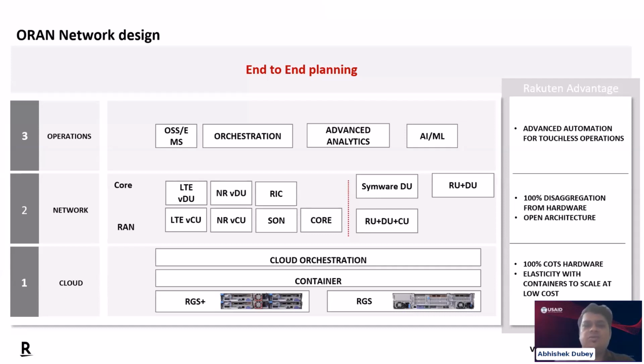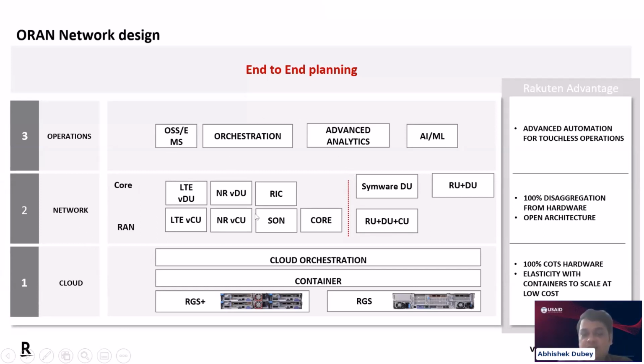In normal terminology, you can call it the combination of OSS, EMS, BSS, AIML, orchestration and the cloud. It's all included in SimWorld. So we need to deploy our OSS workload to manage the cloud and the network.